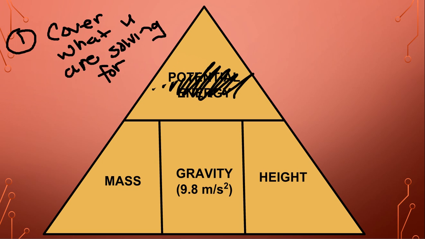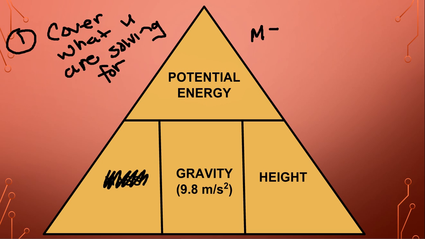Let's try something different here. Instead of solving for potential energy, let's solve for mass. So I cover this up, and I see that mass equals potential energy on top divided by g times h.